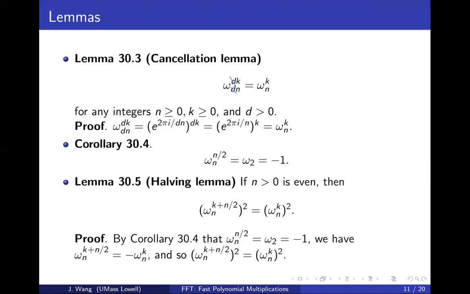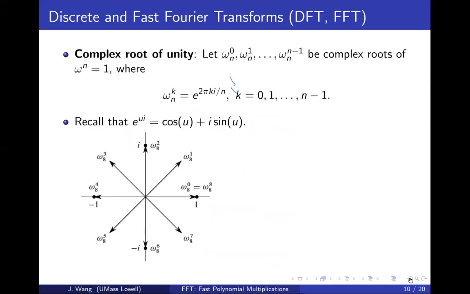Oh, by the way, I forgot to mention that this omega n is actually equal to e to the 2 pi i over n.